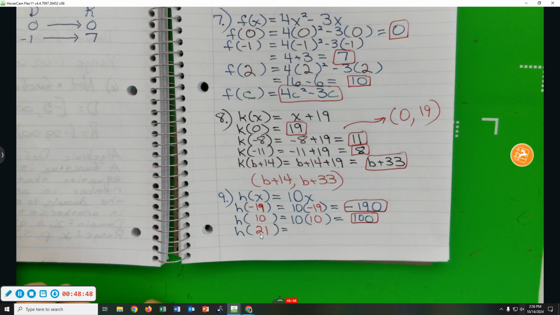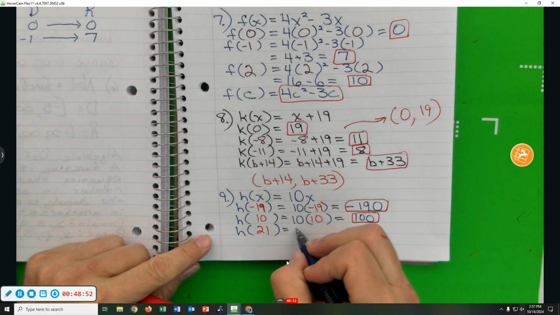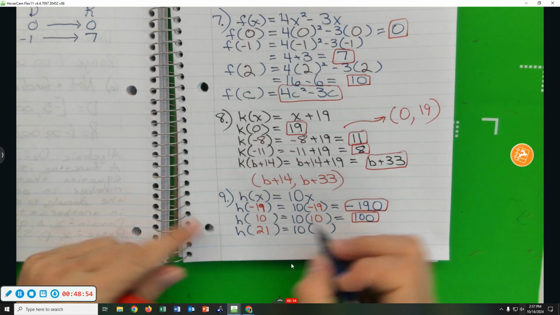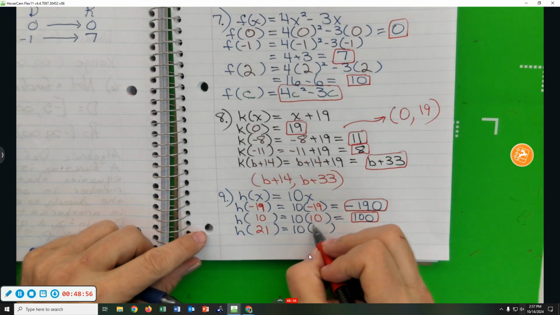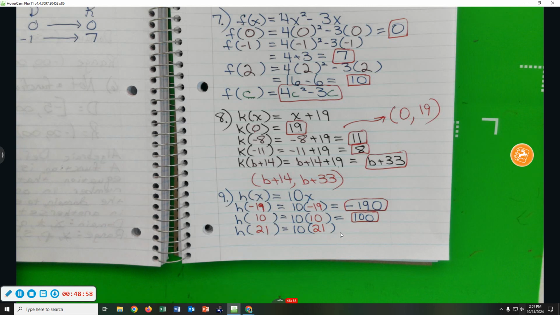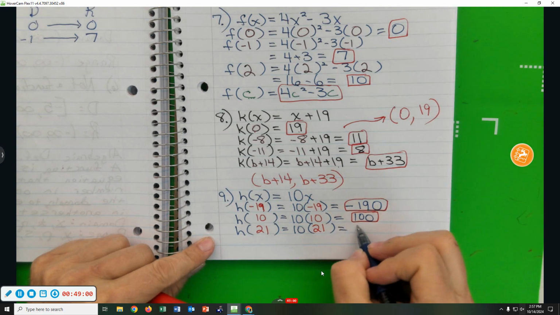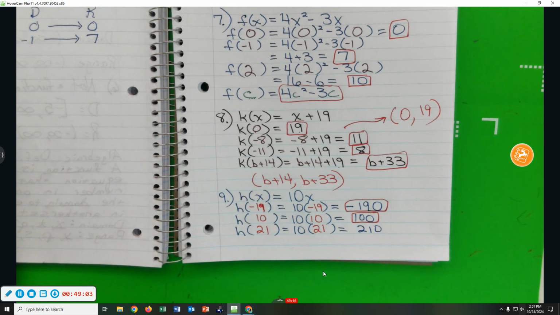And finally, h of 21, we have 10 times 21. 10 times 21 is 210.